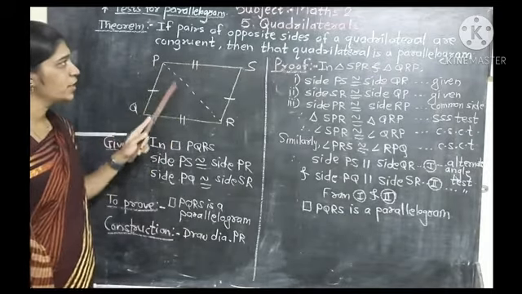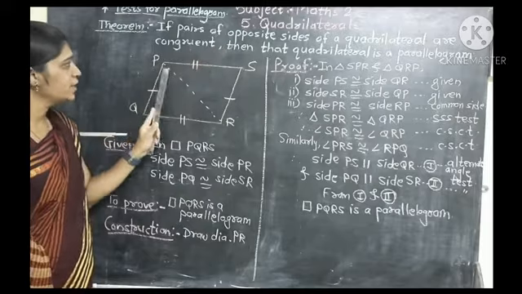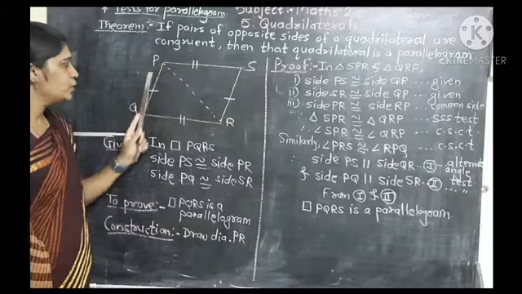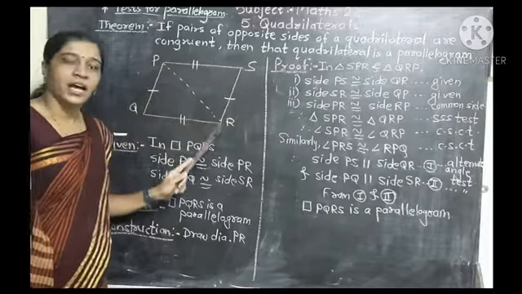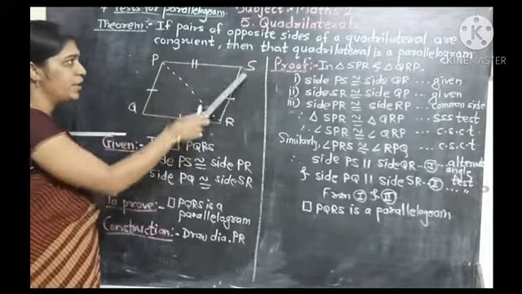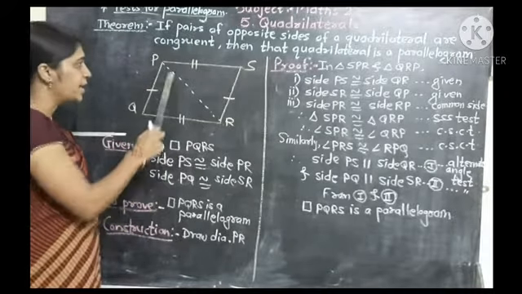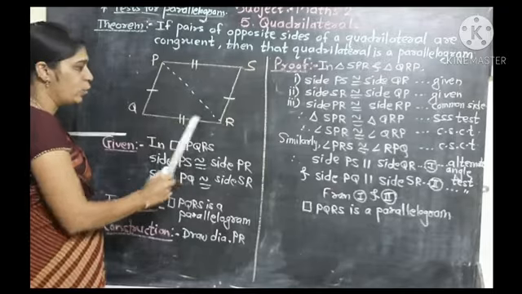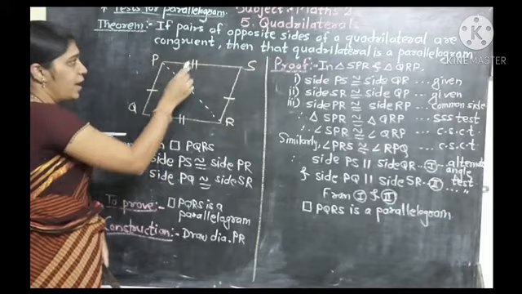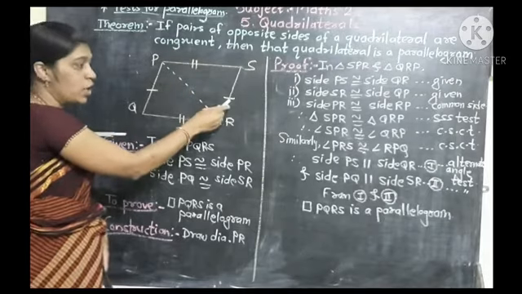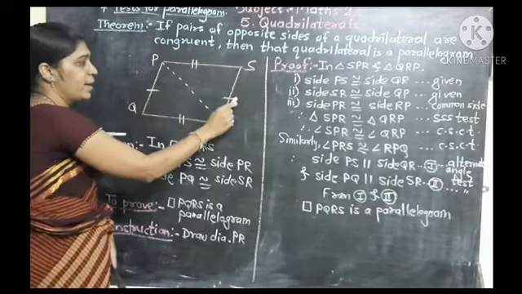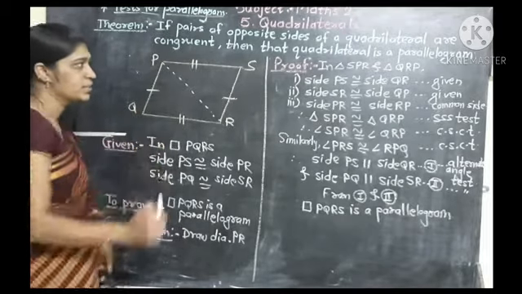The opposite side of PS is QR and the opposite side of PQ is SR. So in quadrilateral PQRS, side PS is congruent to side QR and side PQ is congruent to side SR. I have given identical marks for congruent sides: one mark on PQ and SR, and two marks on the other pair.